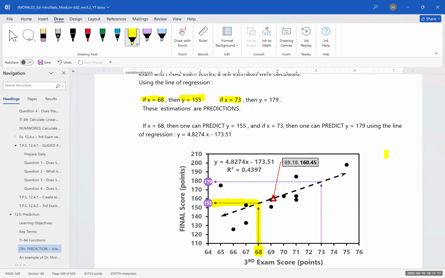If we put the value 73 into x in our line of regression equation, then what we would get out is that y is equal to 179. So these estimations are predictions. They're predictions because we don't actually have values at those values of x at 68 and 73.